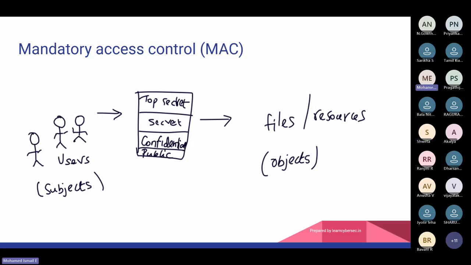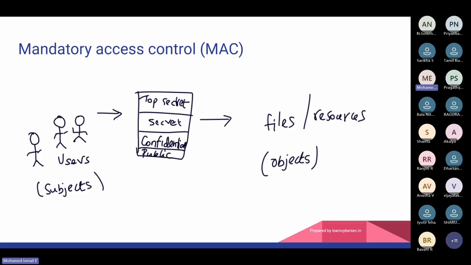If that label is seen by the respective tool or software, it only grants access to the respective set of people. If it is public, everyone can access. If it is top secret, only people who have access to top secret can access the file. This is called mandatory access control.